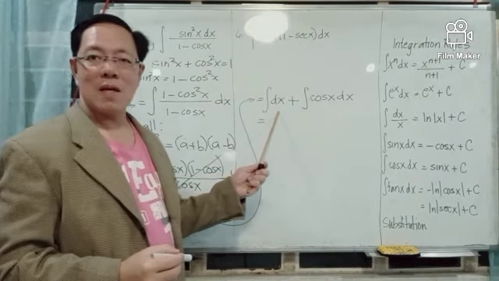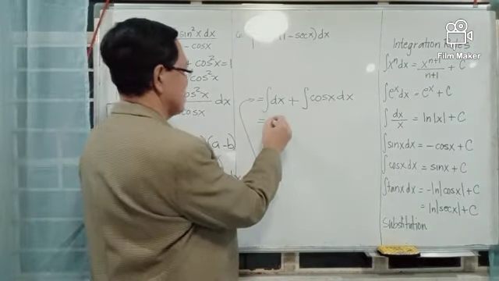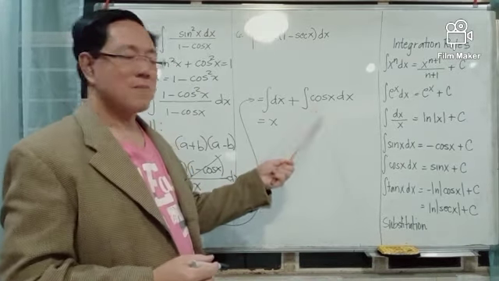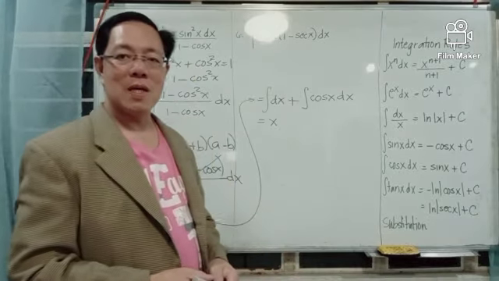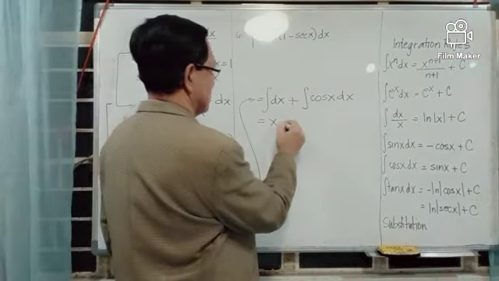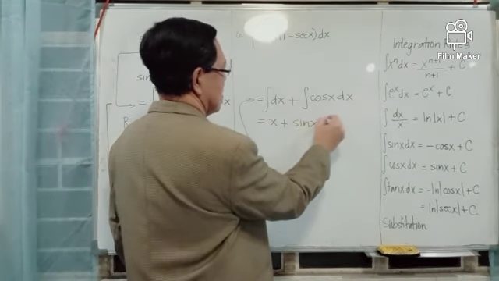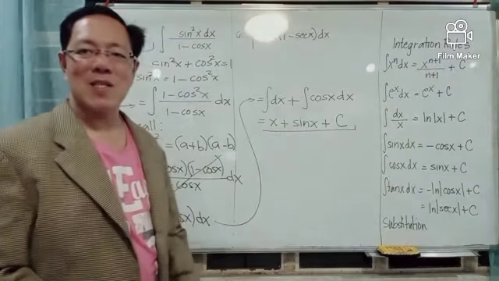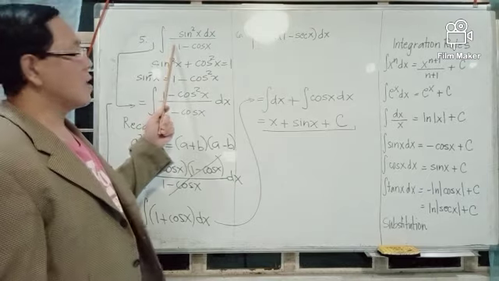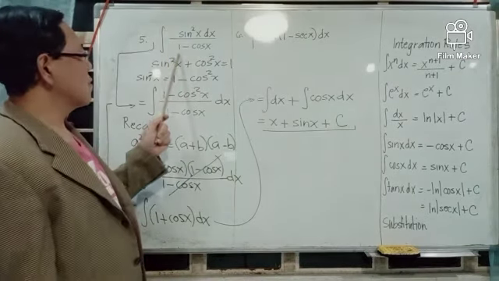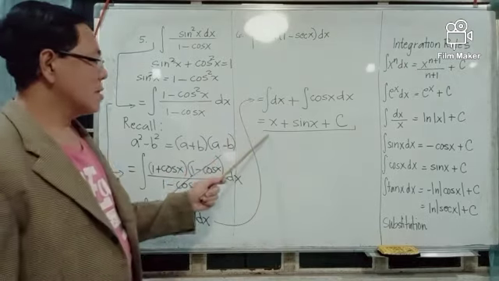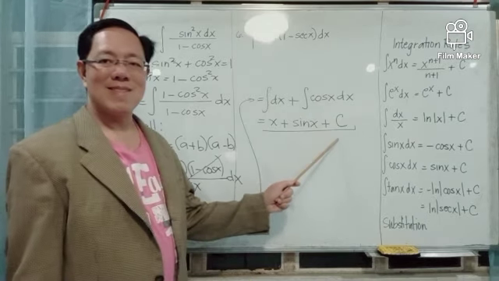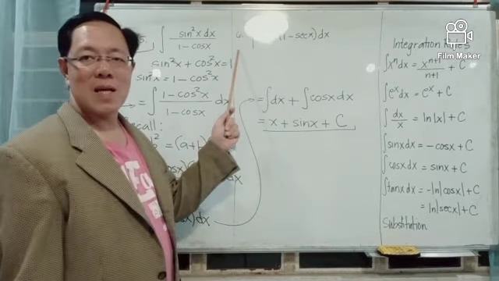And the integral of dx is x. The integral of cosine x from our integration rule is sine x, plus the constant of integration c. Thus, the integral of sine squared x dx over 1 minus cosine x is equal to x plus sine x plus c. Now consider our next example.